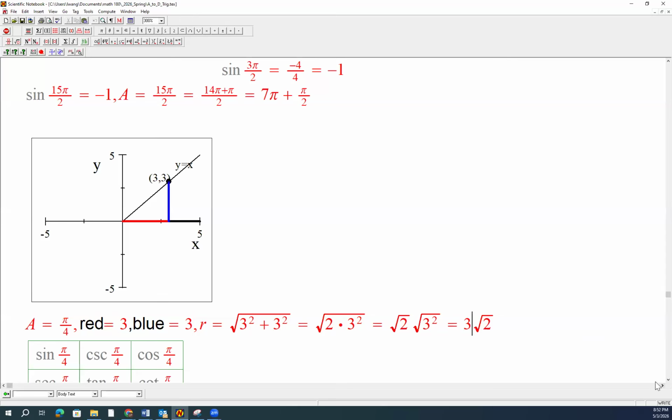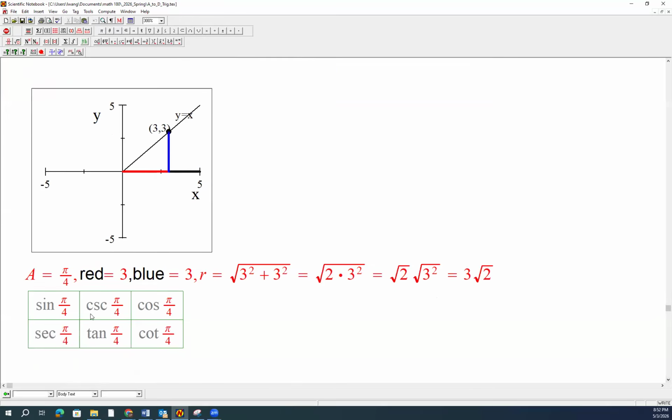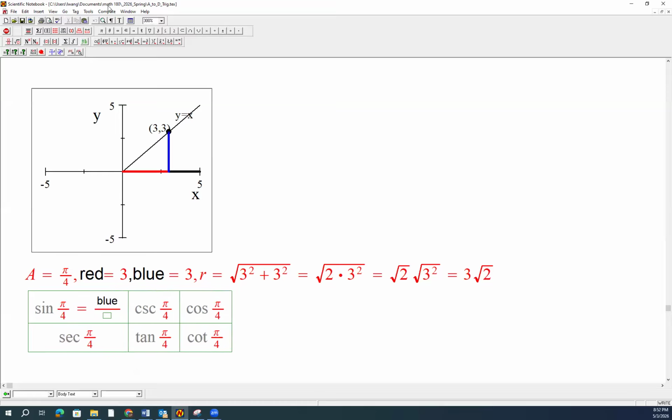Okay, so now with that being done, sine pi over 4 is what? How do I get this? Let's write down all the definitions. Sine is blue over R. Cosecant is R over blue.